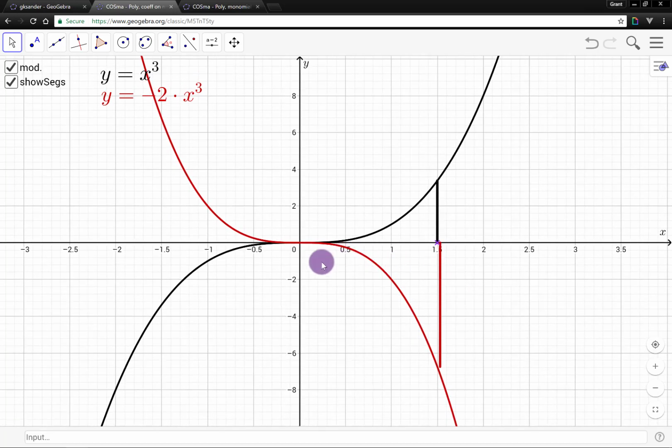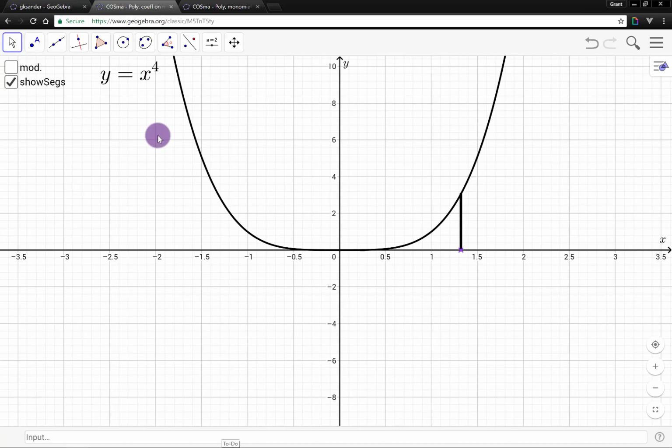Therefore, for positive values of x, x cubed is positive, and so negative 2x cubed should be negative. On the other hand, for negative values of x, x cubed is going to be negative. We decided that earlier. So then negative 2 times x cubed should be positive, because we're going to switch signs because of that negative 2.